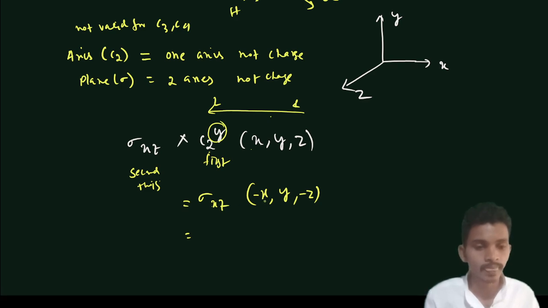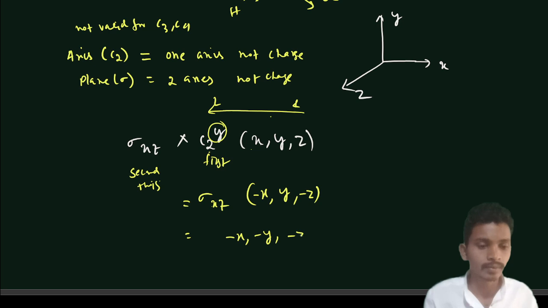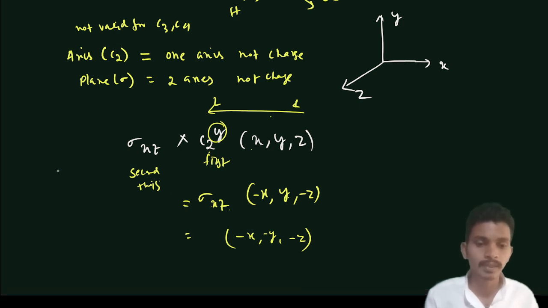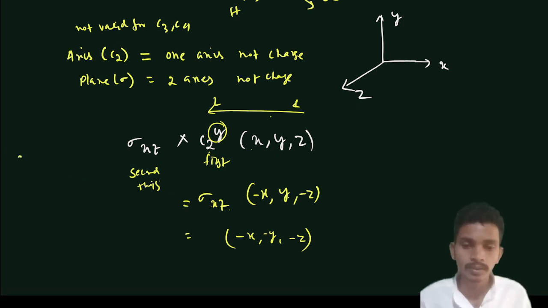So we get minus x, minus y, and minus z. Minus x remains as it is and z remains as it is, but plus y becomes minus y. It means all coordinates become negative. So this is how we get this operation as a single one, and from here we are doing it.